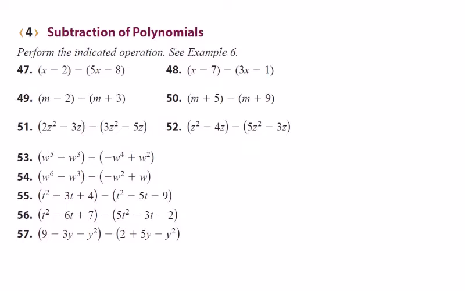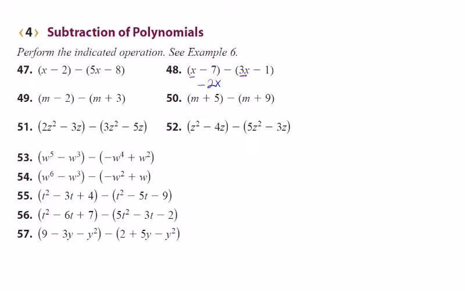Basically, let's just look at 48 and try it both ways. So one thing I can do with 48 is I can just subtract the like terms. So I have x minus 3x, and that would be negative 2x.